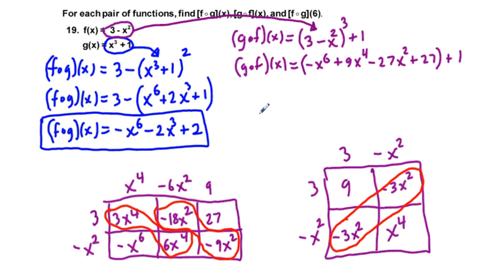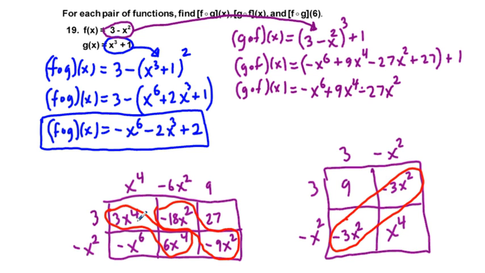And so for this, we're going to get g of f of x is equal to negative x to the sixth minus 9x to the fourth minus 27x squared, and we're going to have, actually the thing that's going to be plus, that's going to be minus there.